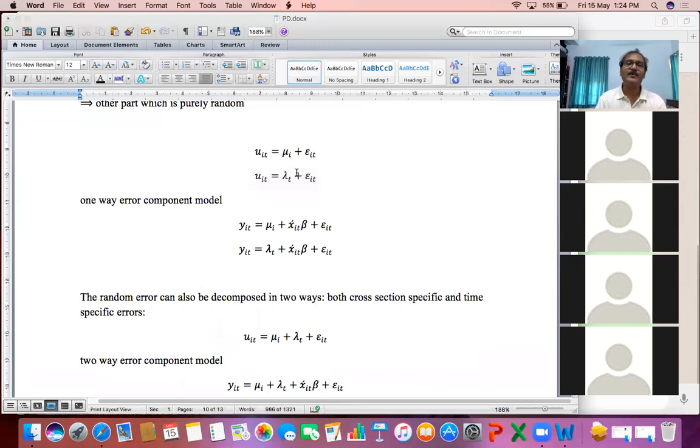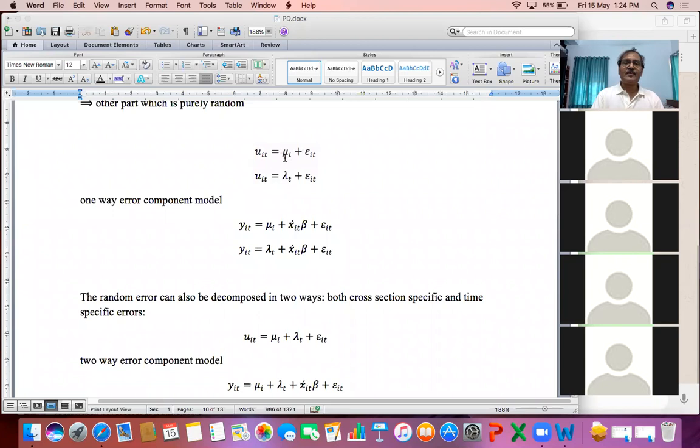So in this way, we can decompose the error, either allowing one part across the cross-section unit or allowing one part over time. This type of decomposition is called one-way error decomposition, and the model we have will be called the one-way error component model.